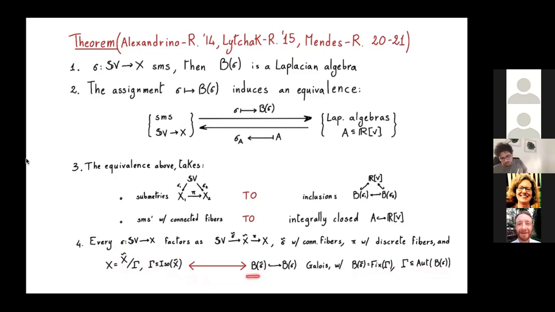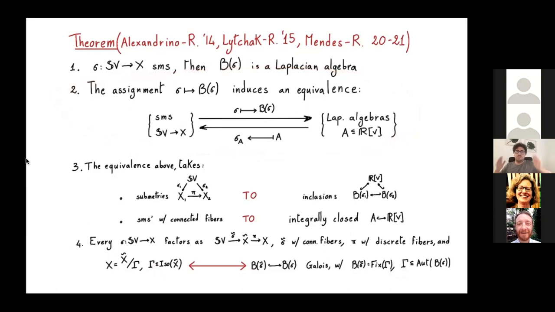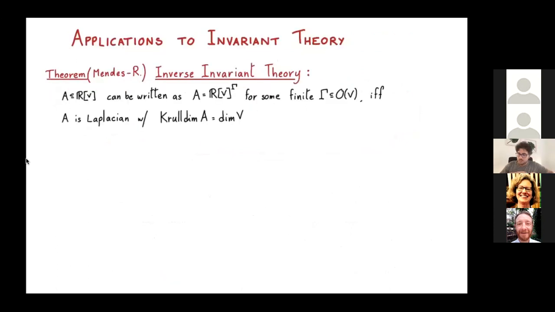The point is that in here you have Galois theory playing in the background. The fundamental group on one hand is essentially the Galois group of an extension on the other. Of all these, the most important thing is the fact that you have a 1-1 correspondence. And this has led already to some applications in invariant theory.